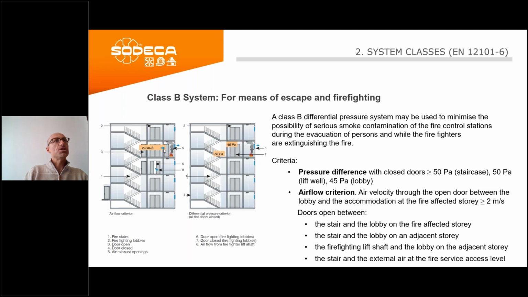We have to achieve this 2 meters per second with all these doors open.